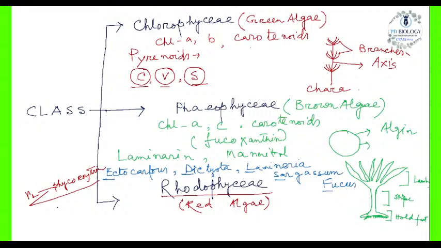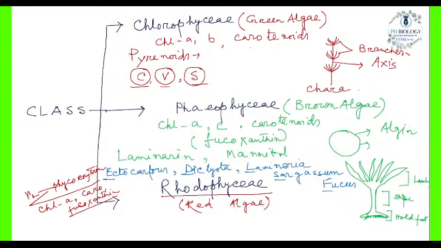Other photosynthetic pigments include chlorophyll, carotenoid. Carotenoid is also there. Fucoxanthin is also there.